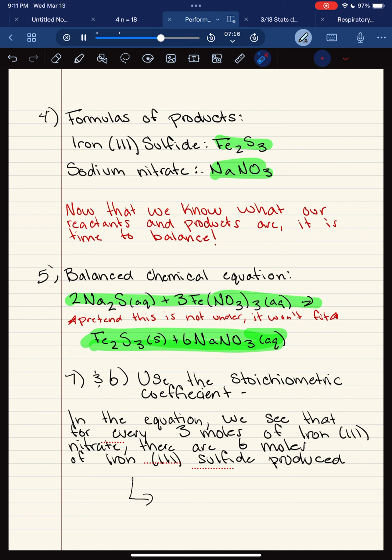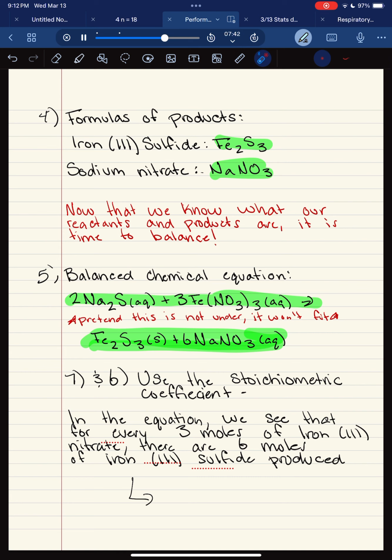So in this chemical equation, it means that the sodium sulfide, iron nitrate and sodium nitrate are all dissolved in water. That's what the aqueous solution means. And the solid is a solid, so it's not dissolving in water.